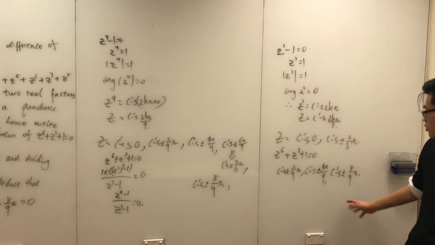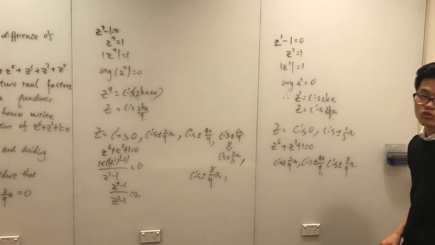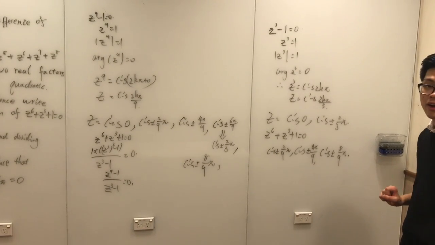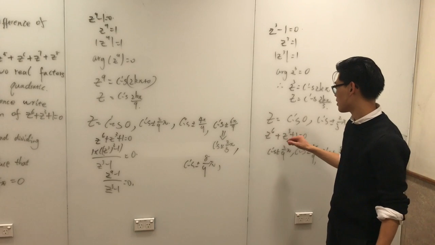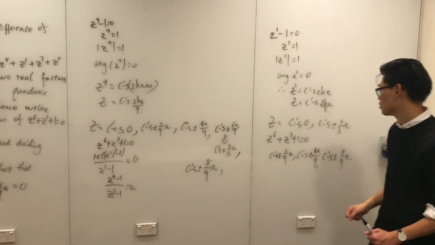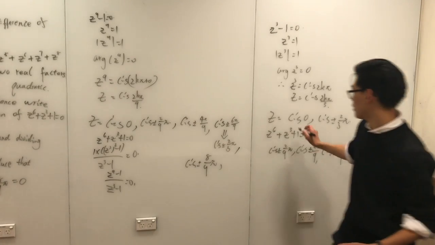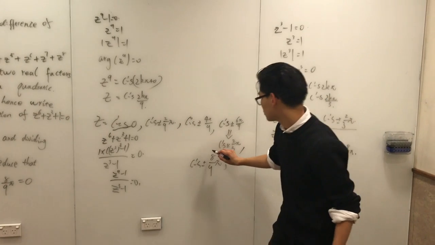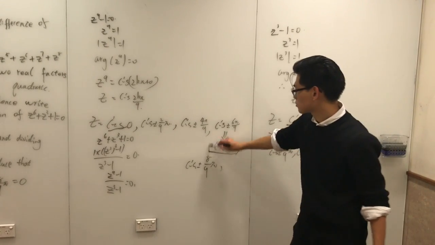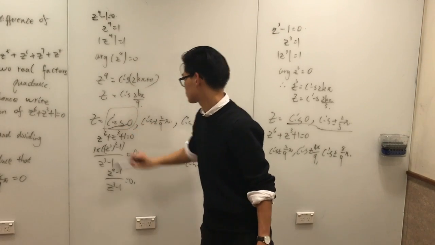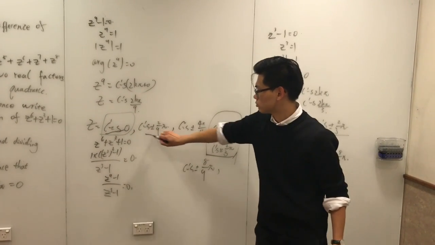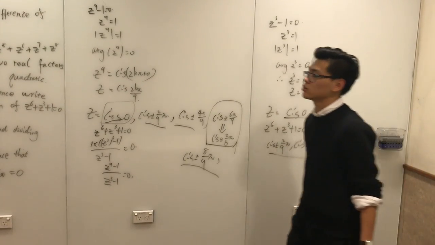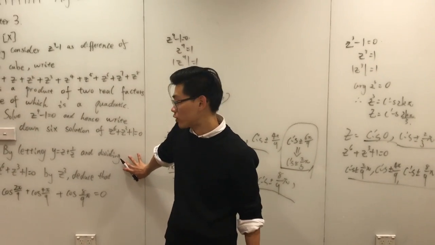So plus or minus 2π/9, plus or minus 4π/9, plus or minus 8π/9 should be 6 roots of z^6 plus z^3 plus 1 equals 0, since we exclude the cube roots of unity, plus or minus 2π/3. So we solved the second part of the question.